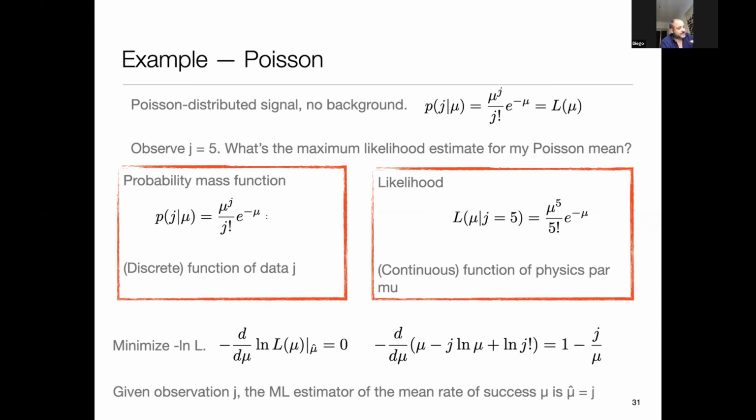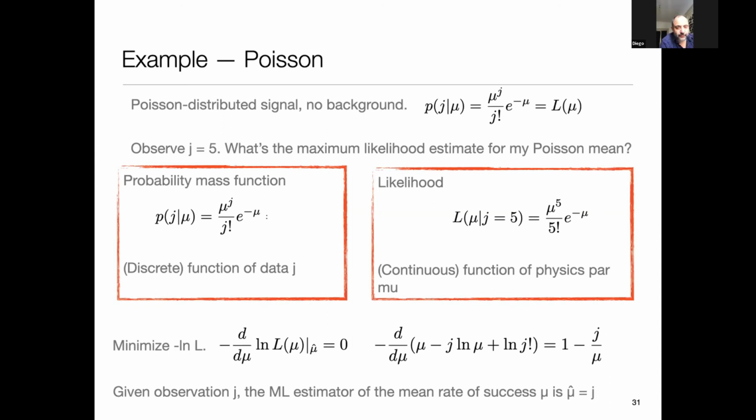And so here you see the difference, right? On the left, you have the PDF, which is a discrete function of the data, mu to the j over j factorial times e to the minus mu. And this is the PDF. So this is a function of the data, j. J here is what I called x so far, the data.